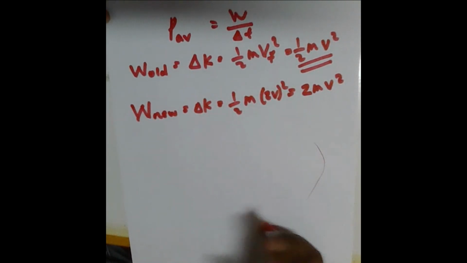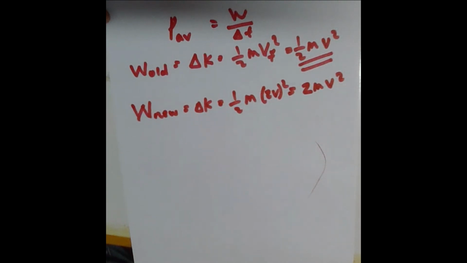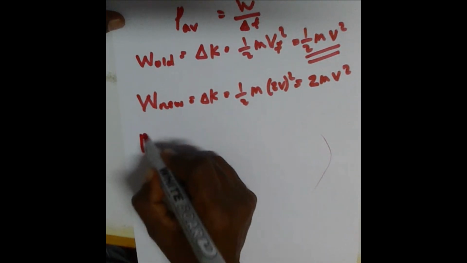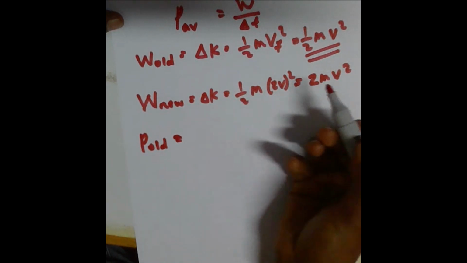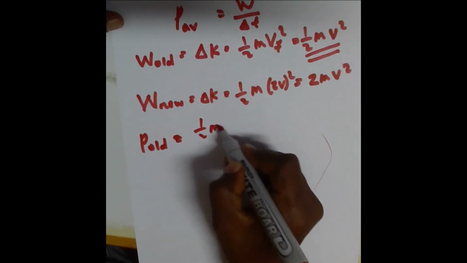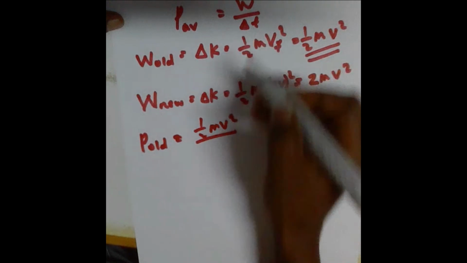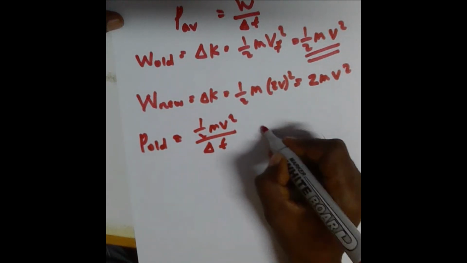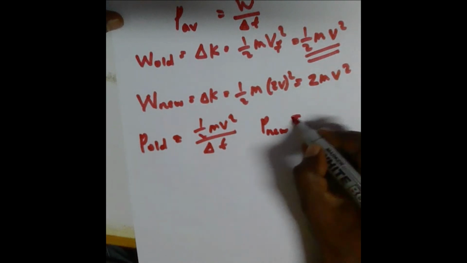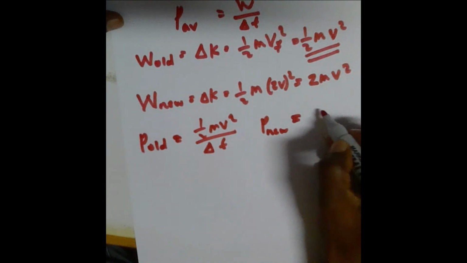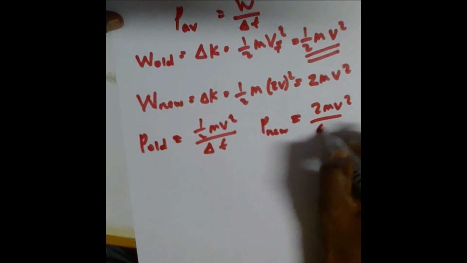Now we have to take the power of the old car, which is equal to the work done, which is half m v squared divided by change in t, and the power for the new car is equal to 2 m v squared over change in t.